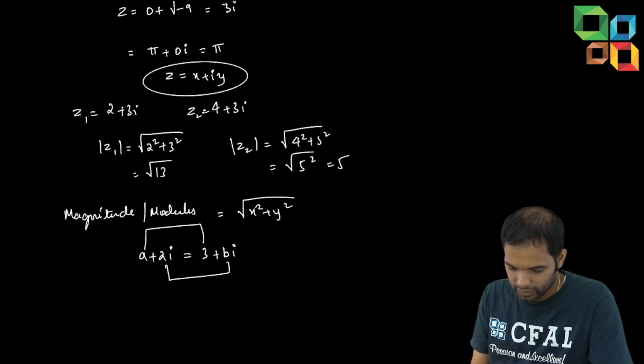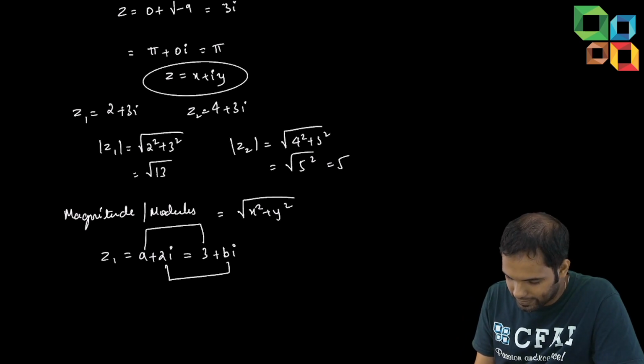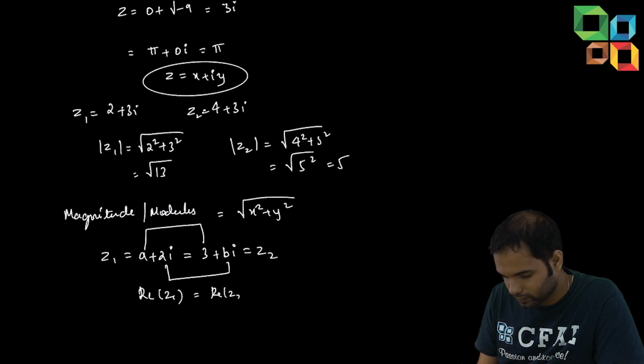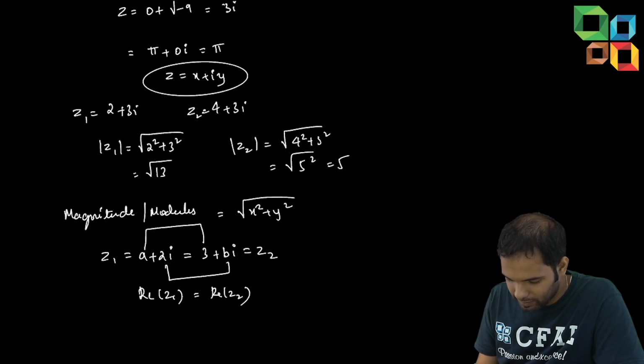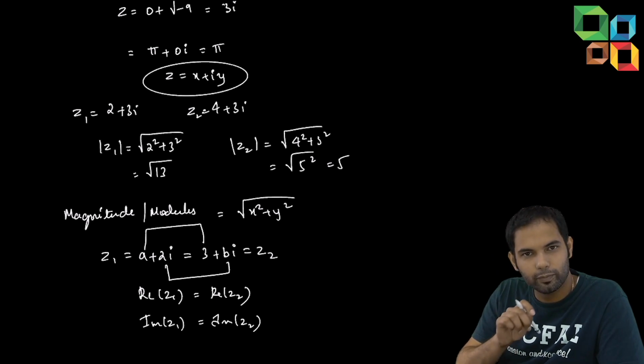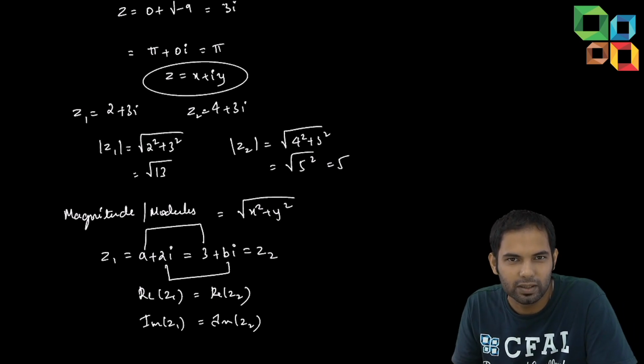That means if two complex numbers z1 and z2 are equal, the real part of z1 must be equal to the real part of z2, right? And the imaginary part of z1 should be equal to the imaginary part of z2. If both are equal, then we say the complex numbers are equal.